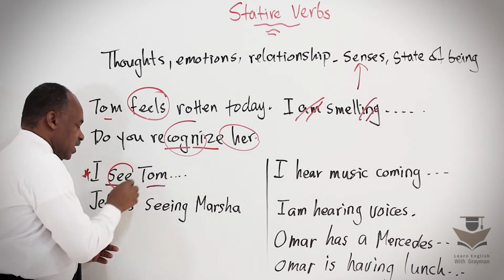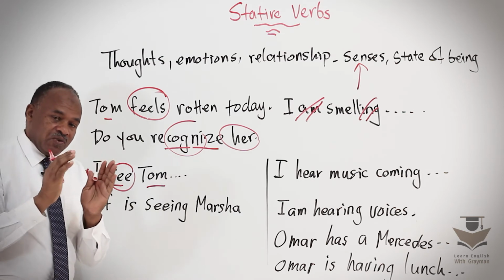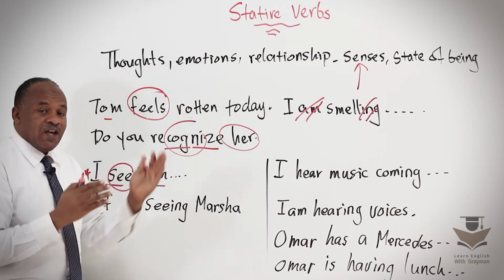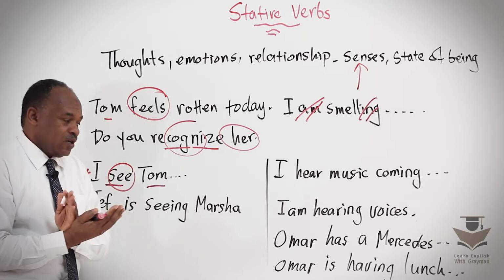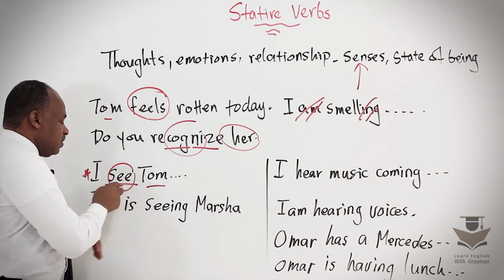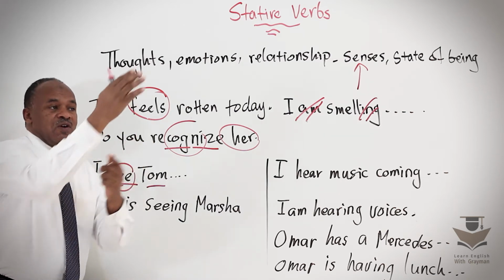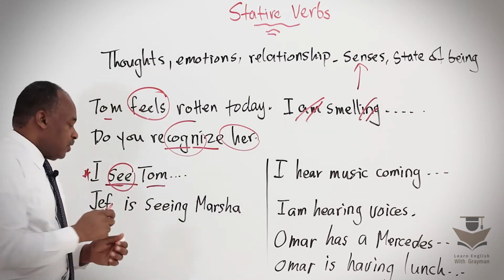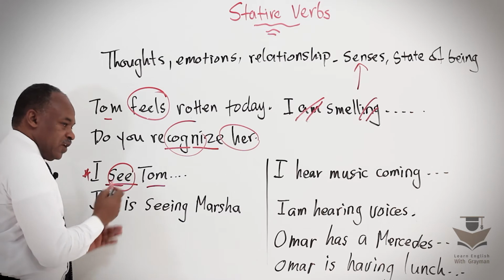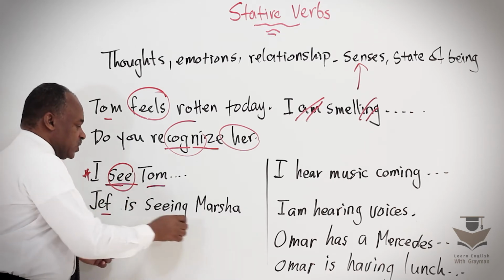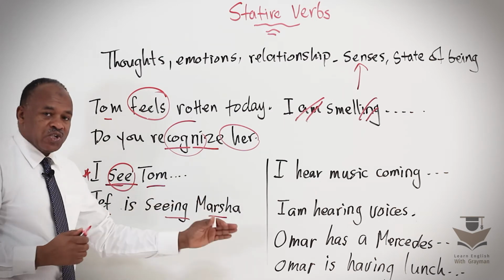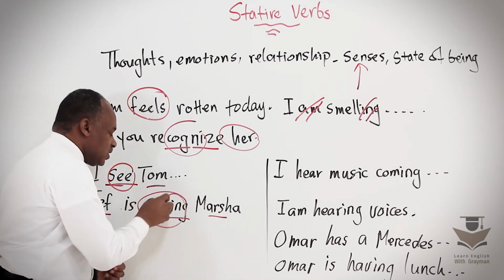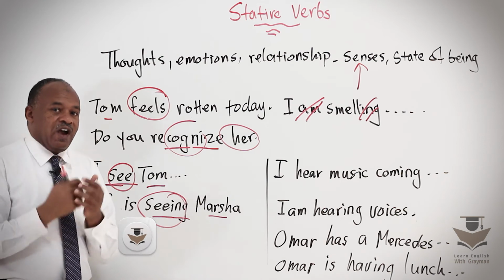This verb see, if we add ing with these stative verbs, the meaning of the verb changes. So here, see means I can see with my eyes. Tom is standing right there. But here I would say Jeff is a guy. Jeff is seeing Marsha. Marsha is a female. If we say Jeff is seeing Marsha, then this seeing has nothing to do with eyes.